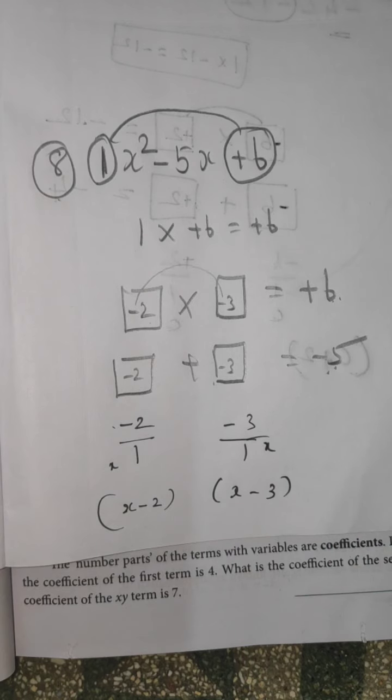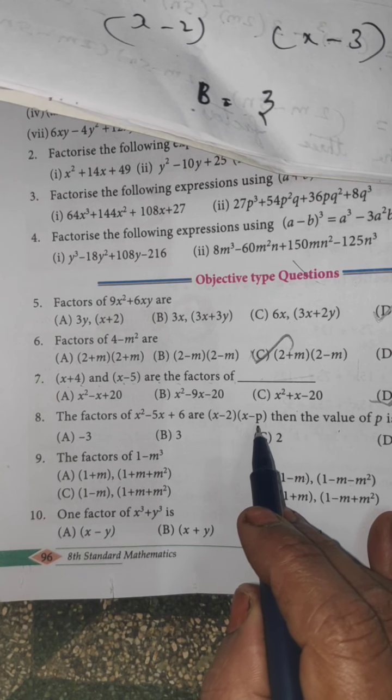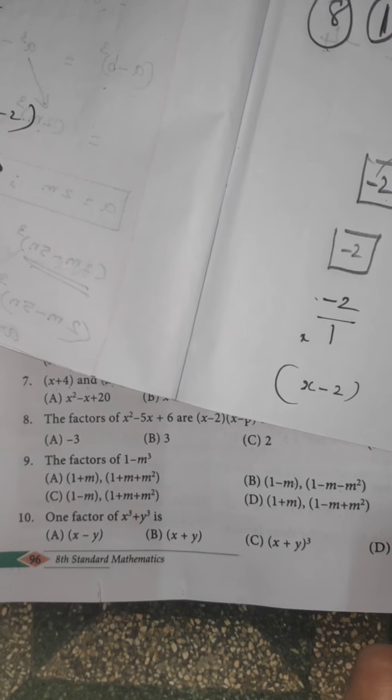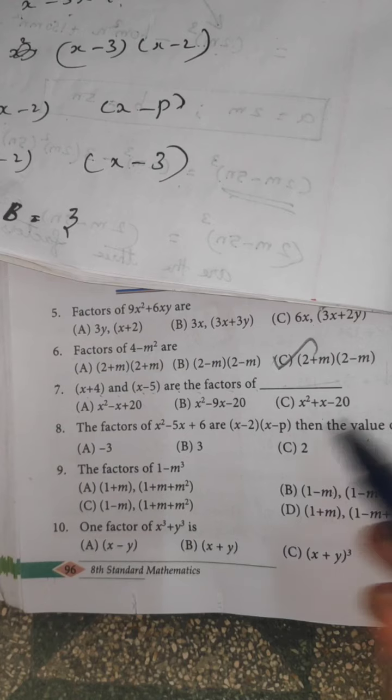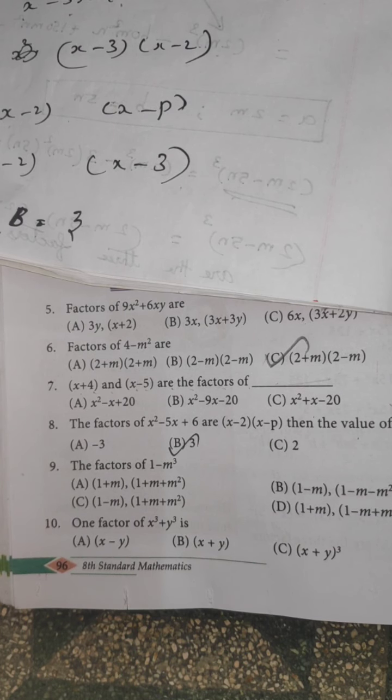So x minus 2 and x minus 3 is the answer. The question gives x minus 2 and x minus p. X minus 2 is already found, and x minus 3, so the value of p is 3. Option B is the correct answer.